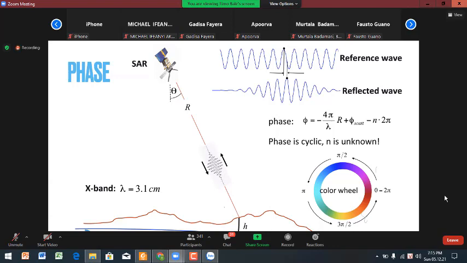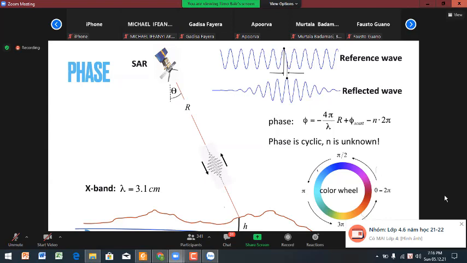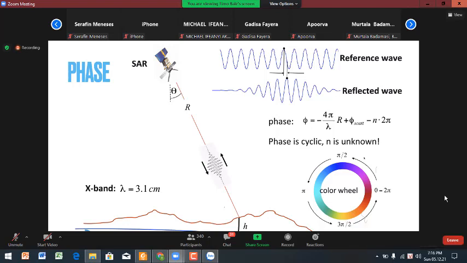We typically visualize it with such a color wheel, okay, from 0 to pi and then back to 0, right? Because it's then ambiguous. Okay, and that's typically the way we visualize that, very colorful, nice pictures, okay, such a color wheel.